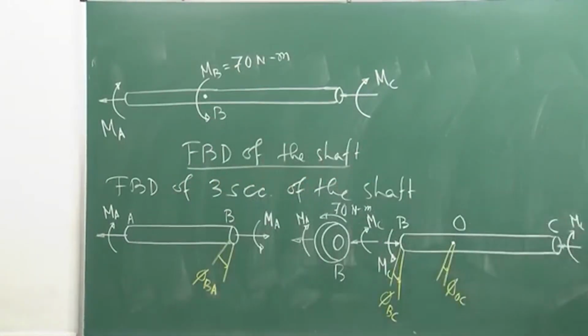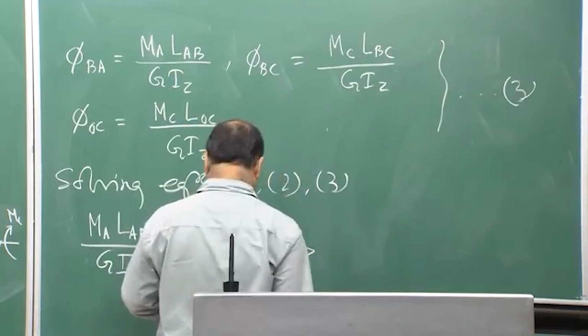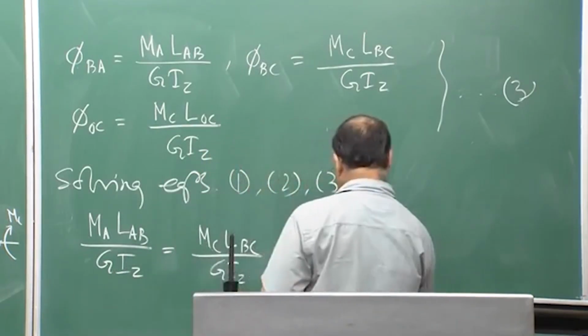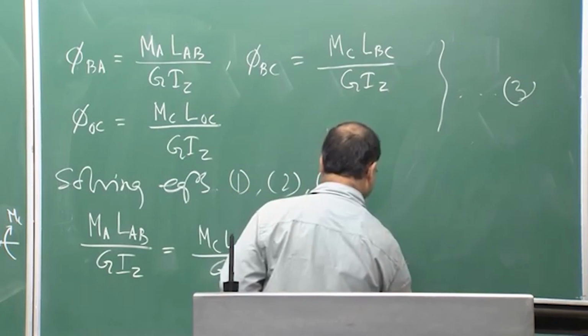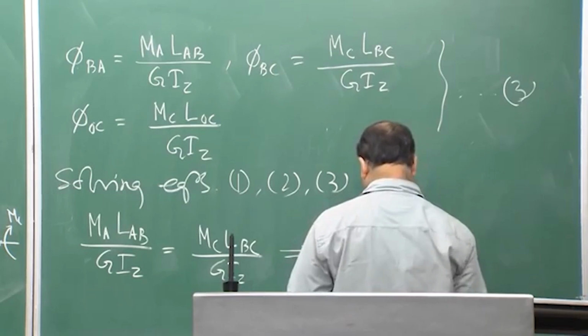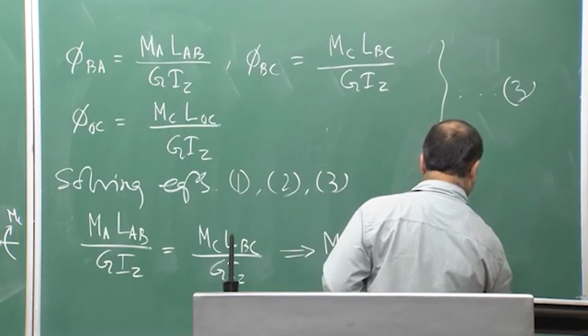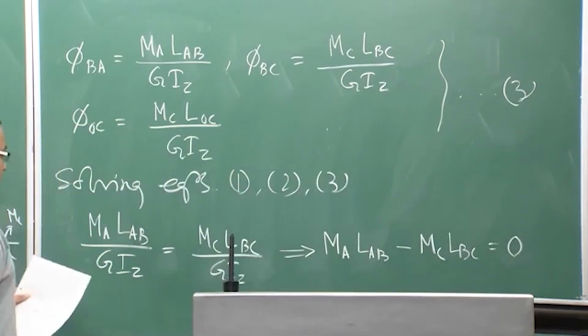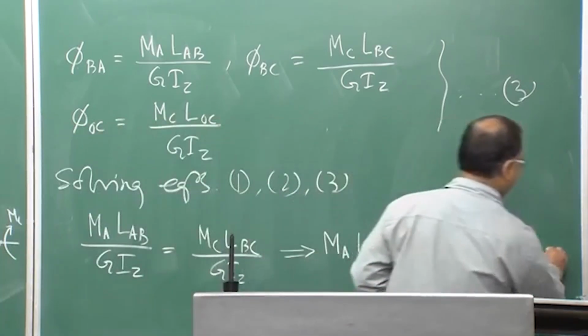From this I get MA LAB minus MC LBC is equal to 0, and that is my equation 4.